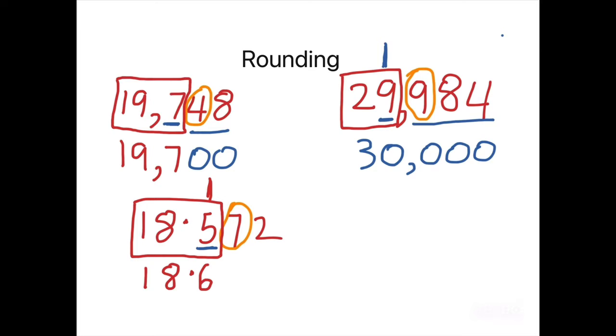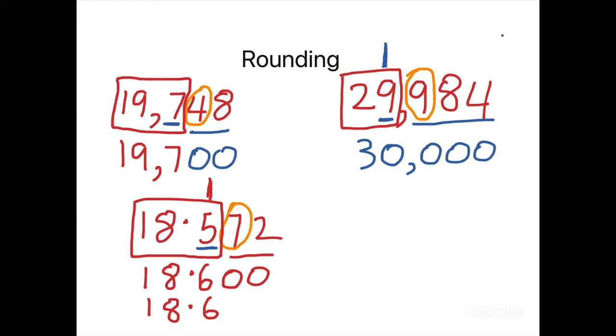And we put our decimal, and the digits after the rounding place become zeros. So this becomes 18.600. Now those zeros have no value because it's a decimal number. So we can simply say 18.6.